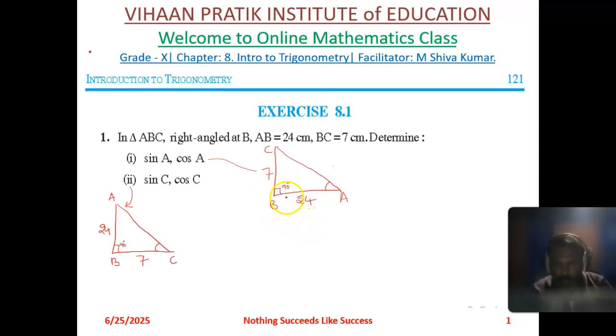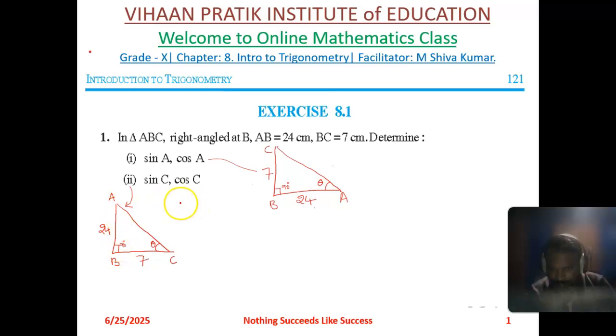Usually if no angle is given, then we'll assume that this angle is theta. Now observe in this right angle triangle, this height, or we call it the perpendicular side, is given.